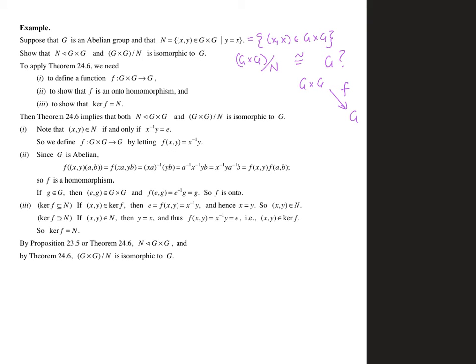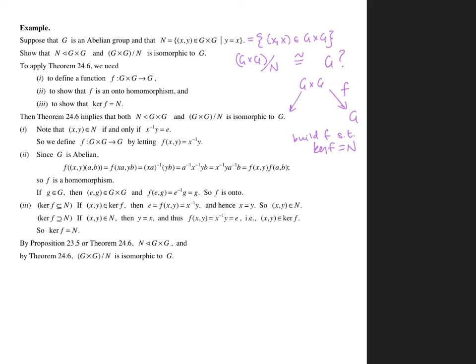Once we set up f, we figure out what the kernel of f is, and hopefully that will be our group N. So we want to build f such that the kernel of f is N.